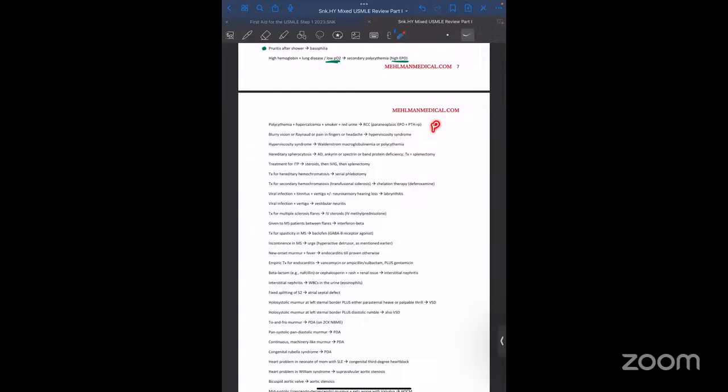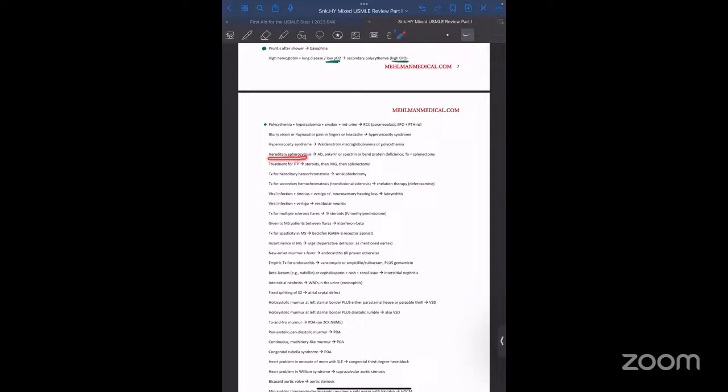So P for PTHrP, E for ectopic EPO production, A is ACTH, R is renin. Okay. Then blurry vision or Raynaud or pain in fingers or headache is also because of hyperviscosity syndrome. Hyperviscosity syndrome can also be seen in Waldenstrom's macroglobulinemia or polycythemia.